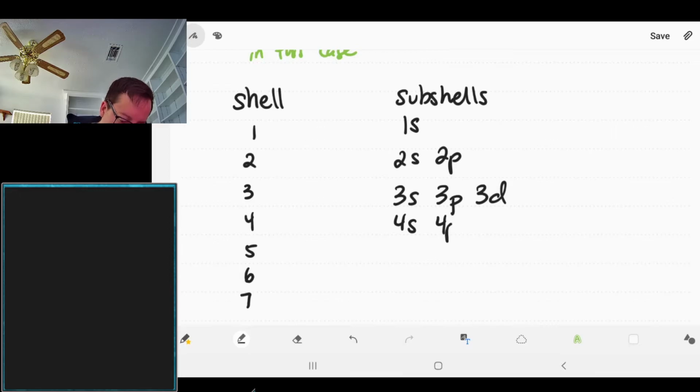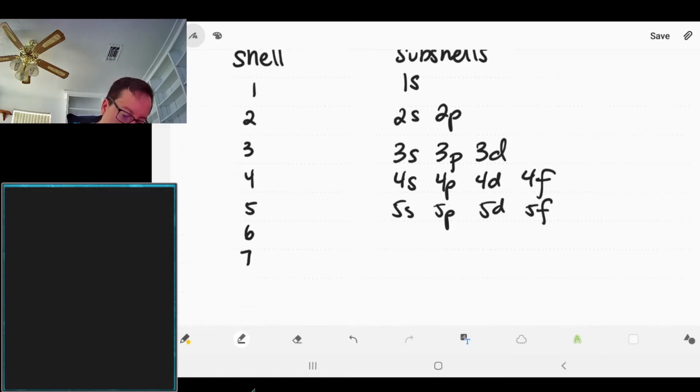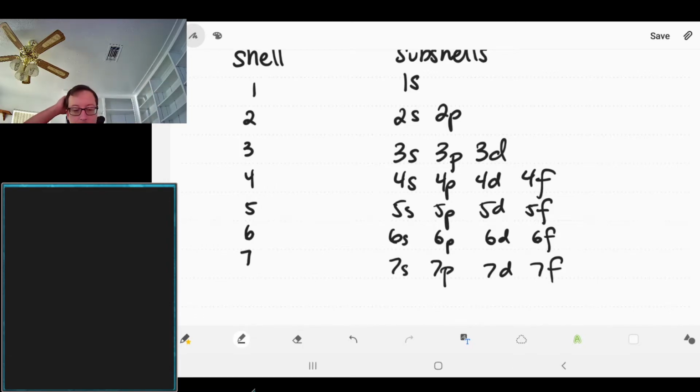And then all the rest of them have 4. So we only have 4 letters, right? So once we have reached 4, then the rest are just going to be continuing on.